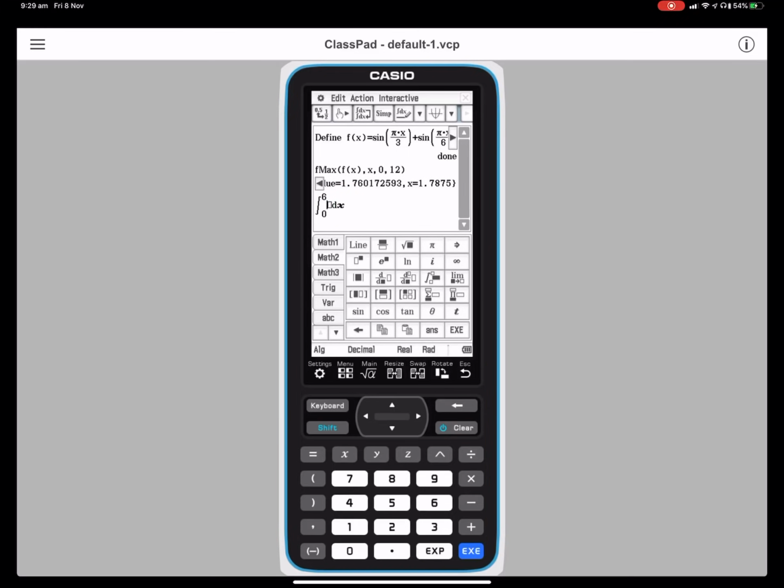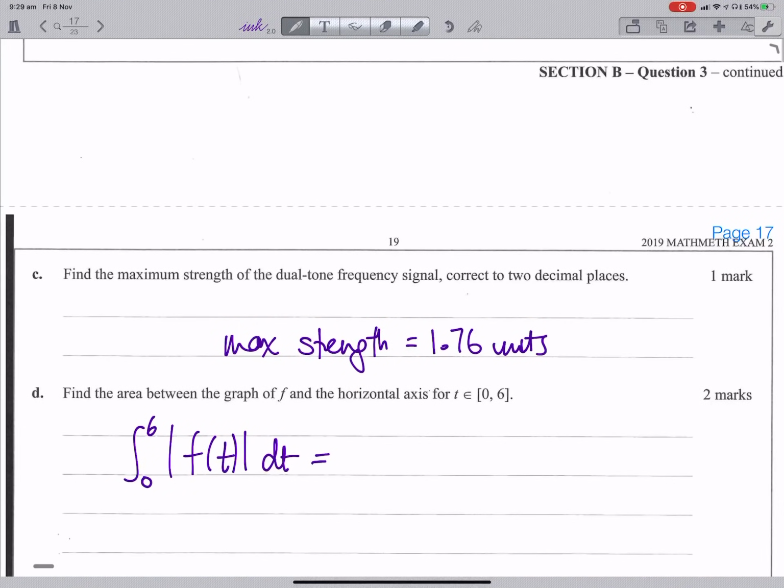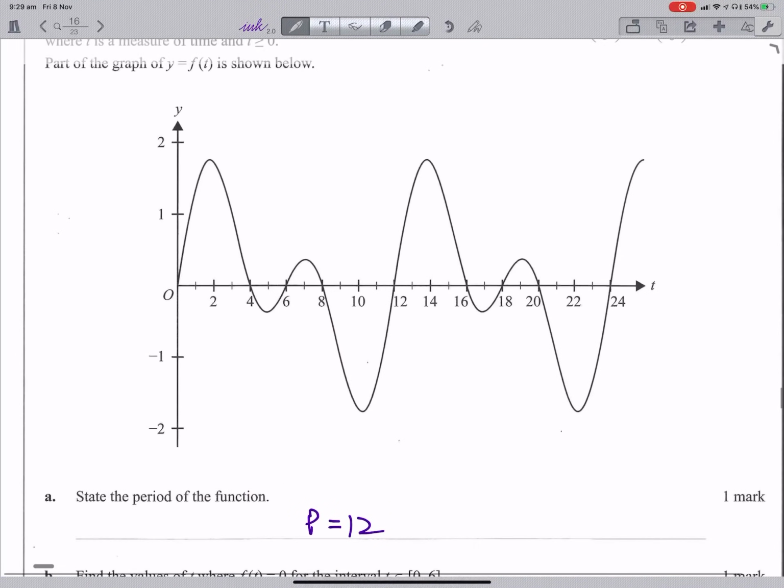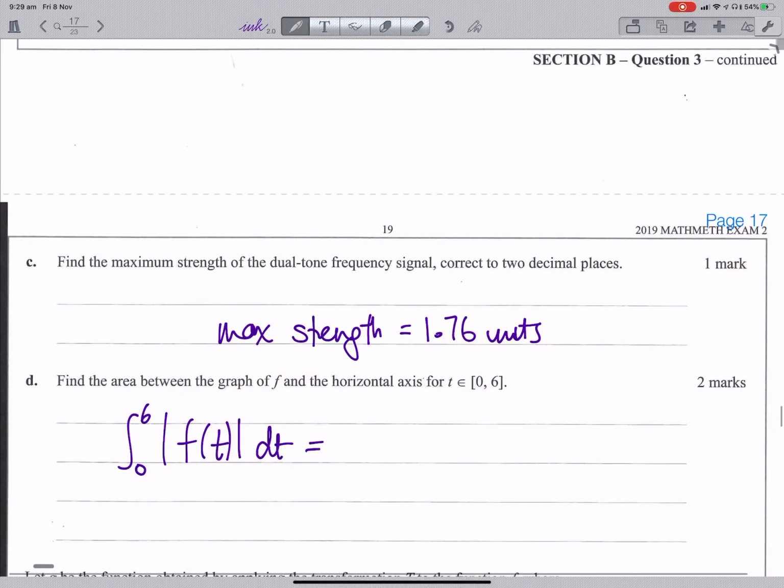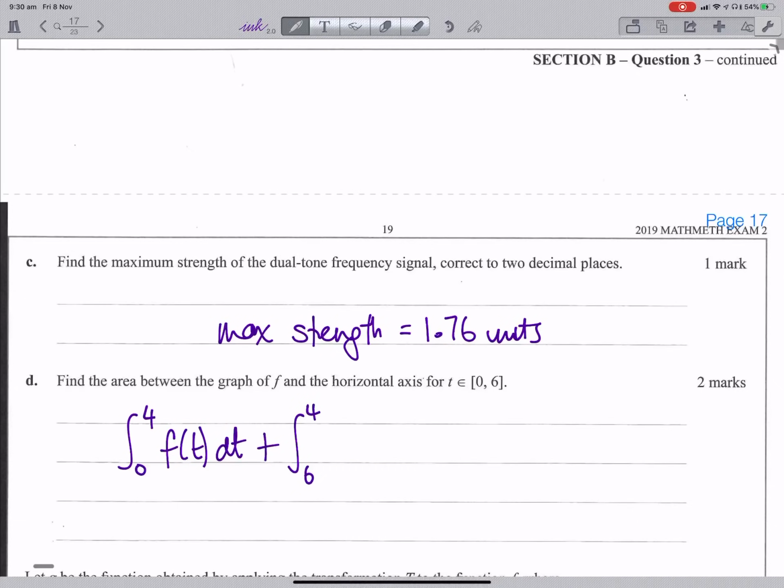It's going to be easier just to go from 0 to 4. So 0 to 4, f of t dt plus 4 to 6, so 6 to 4 to make it positive, f of t dt.